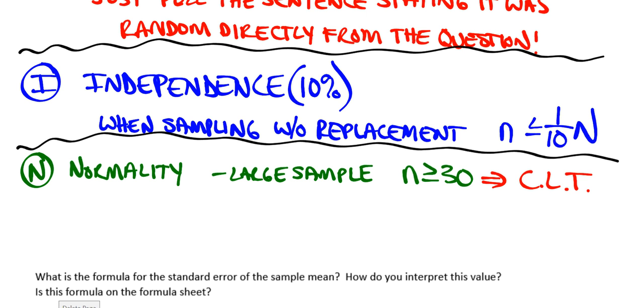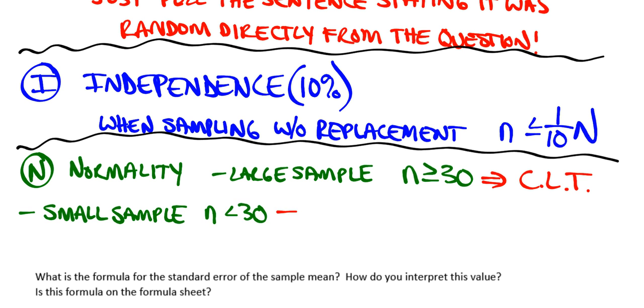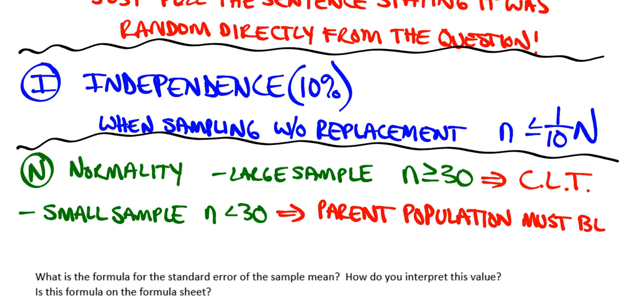If the large sample is not the case and you have a small sample, something that's less than 30, then you must have a parent population that is already normal, and then you would be okay. And often you won't even know the distribution of the parent population, especially when you're trying to predict what the population mean is.